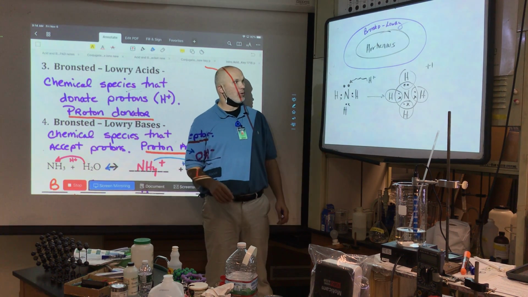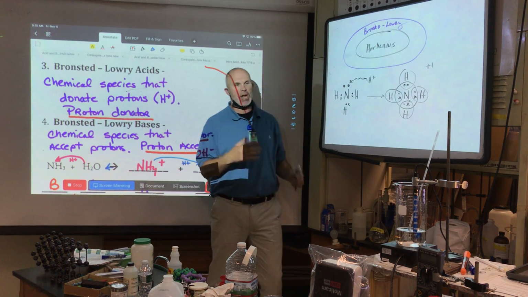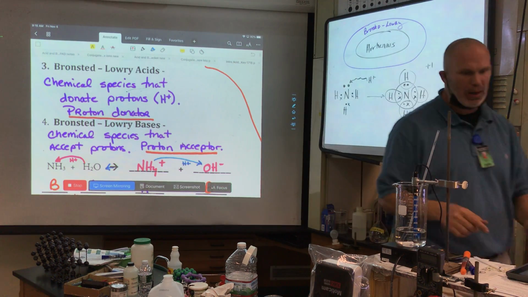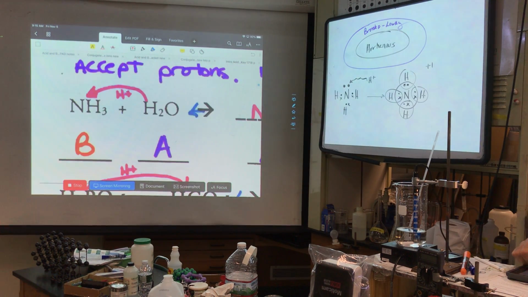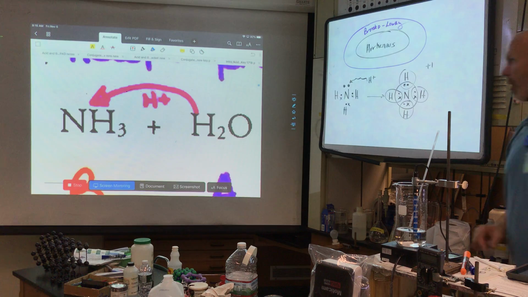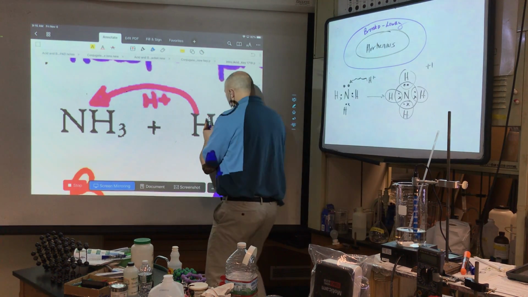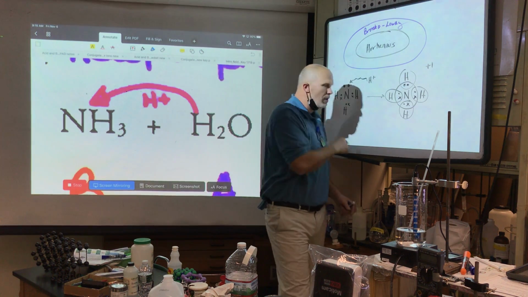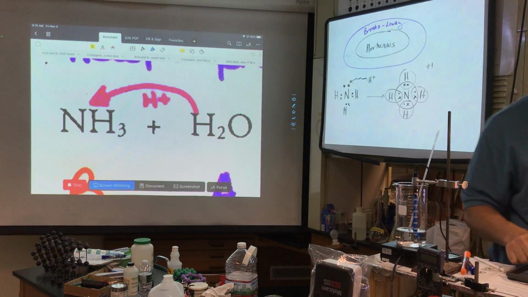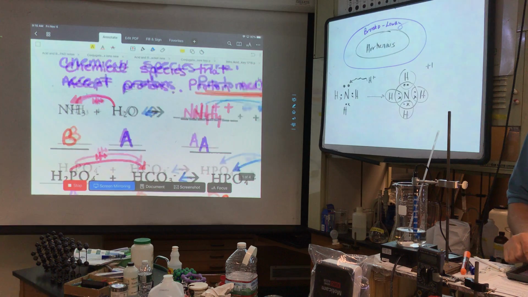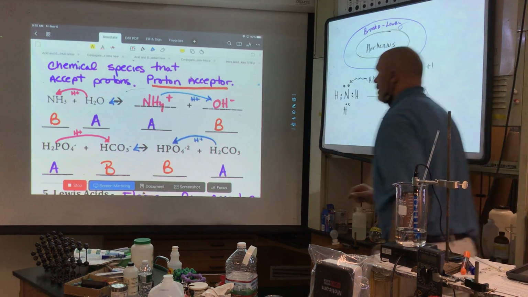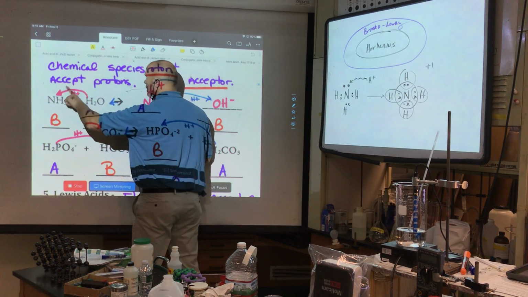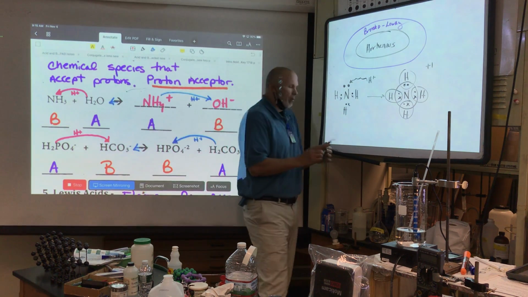Okay? And you'll say, okay, but how does that change the pH? Well, as we said yesterday, that lone pair of ammonia is very, very attracted to the H of the water. So that lone pair in ammonia, water can do this. So what happens to water is that it donates a proton, and we know something about water.